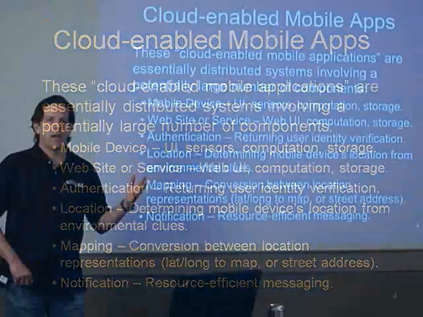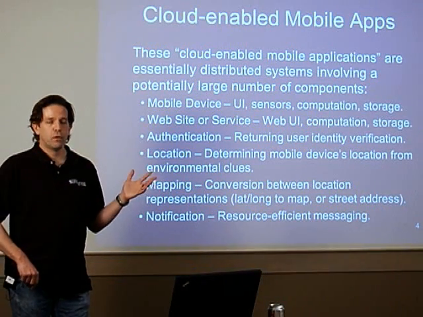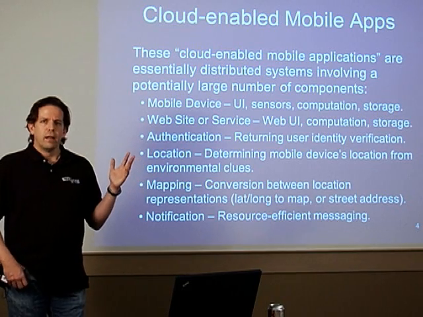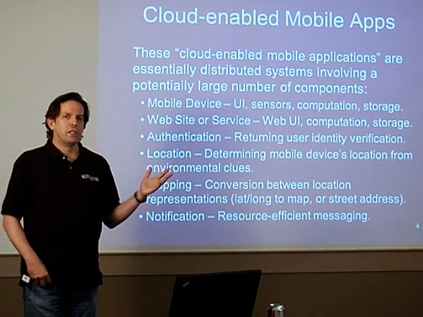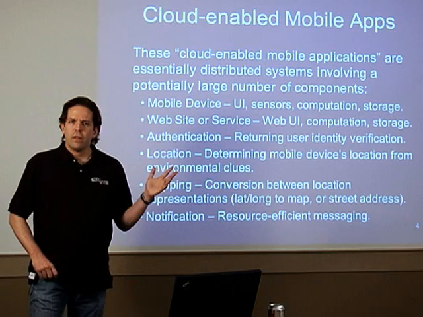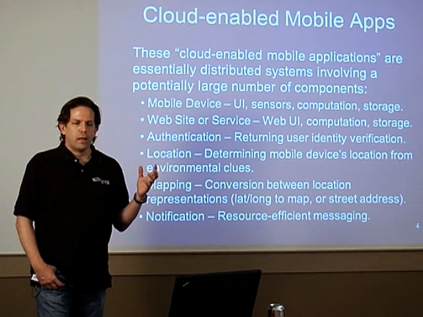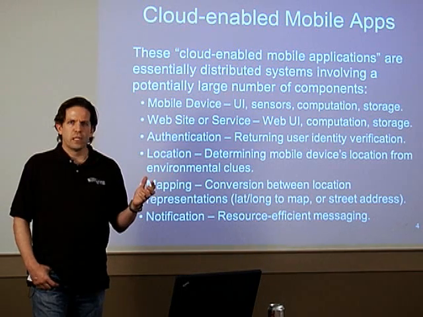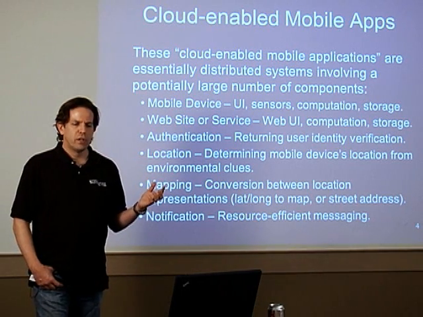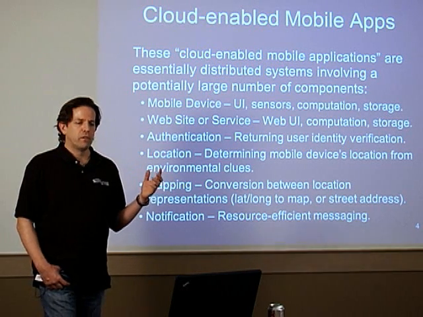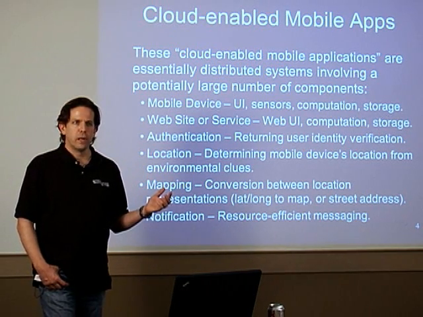And the kinds of things that these, especially smartphone applications, might need are things like repositories of data, or things that are not readily available on the phone itself, or also phones are very resource limited in how much computation and also how much storage they can have. And so being able to access those things via the cloud is very important to such applications.